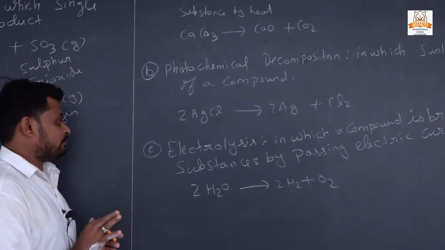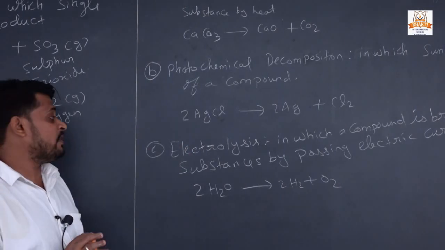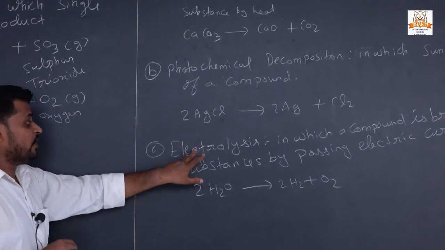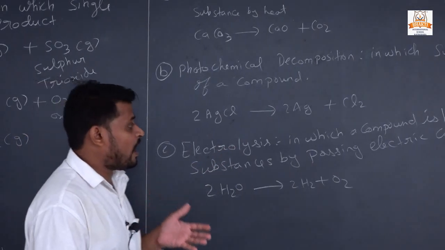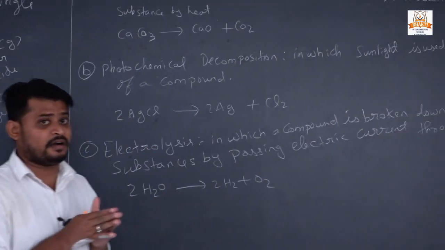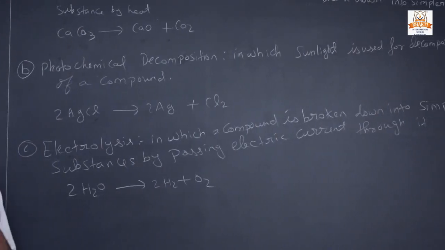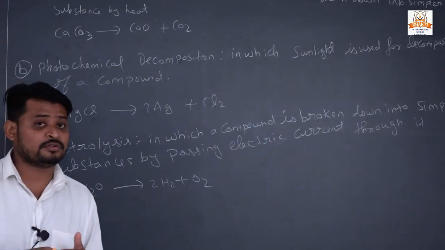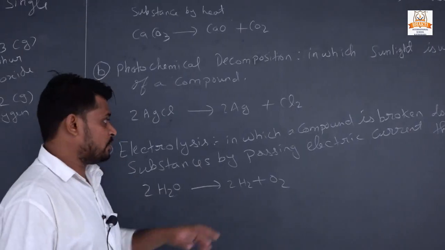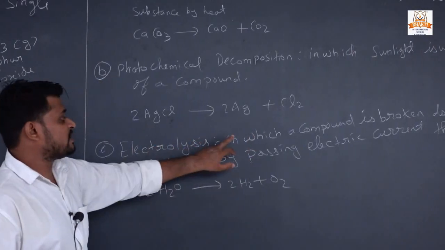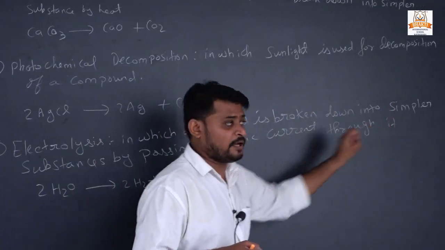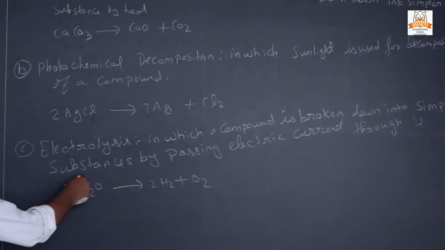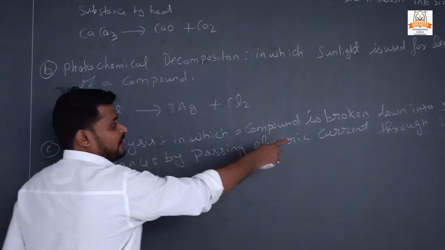And our third reaction is electrolysis. The name is hidden in it: electro means electric current. So we use electric current to break down the compound into simpler products. See here, electrolysis is a process in which a compound is broken down into simpler substances by passing electric current through it.